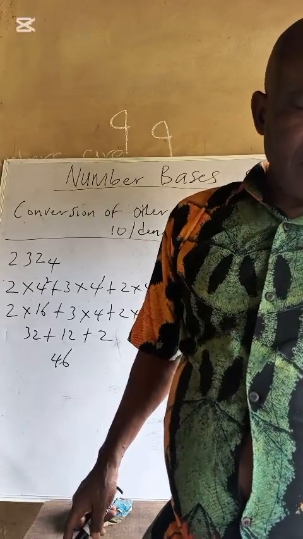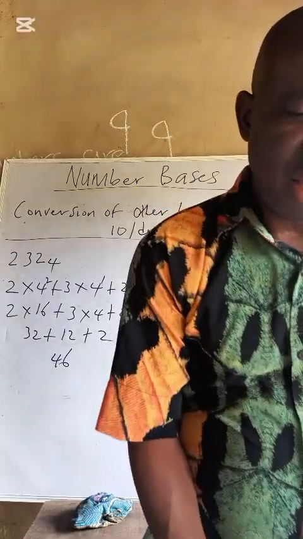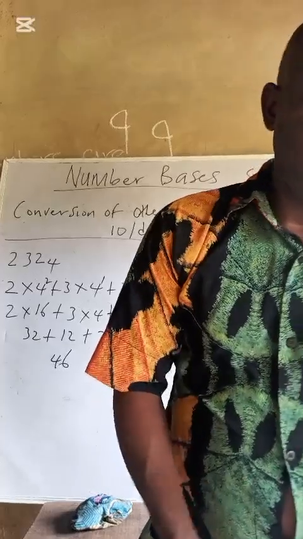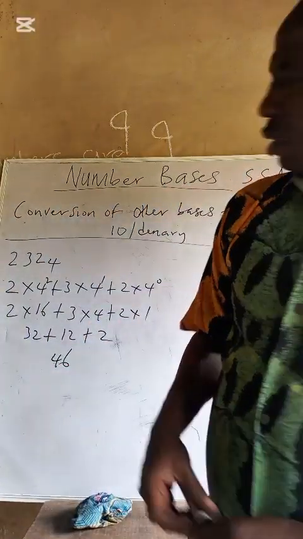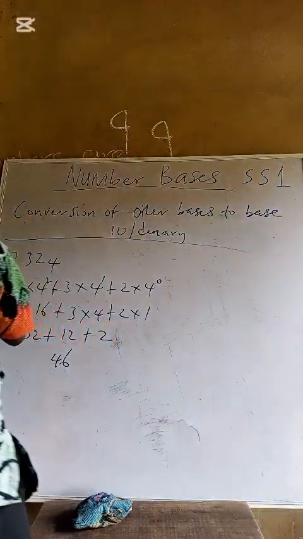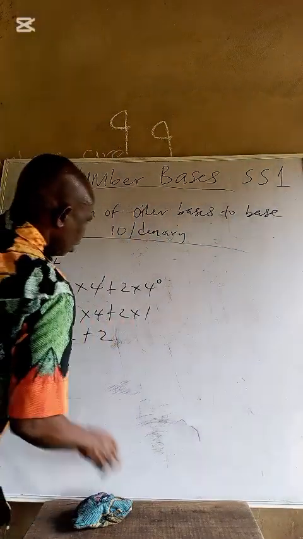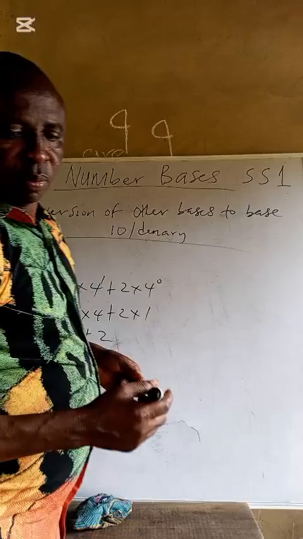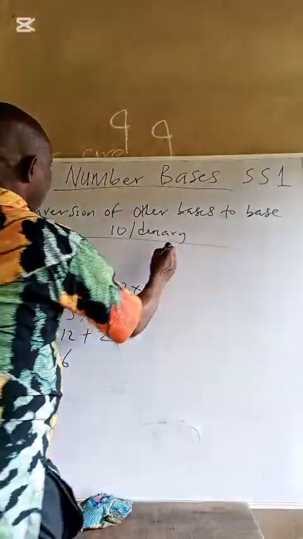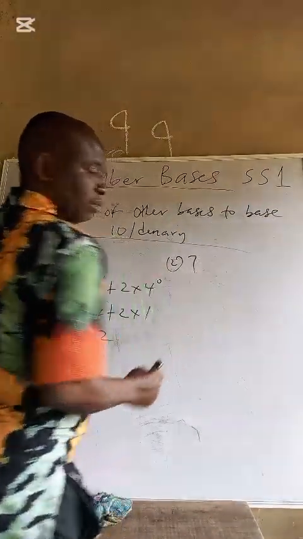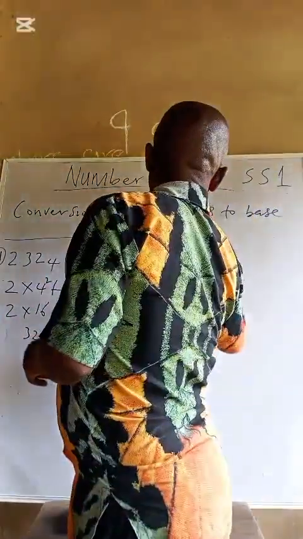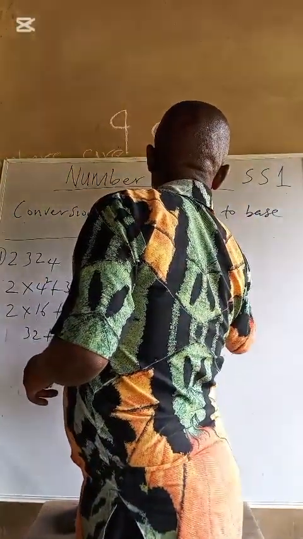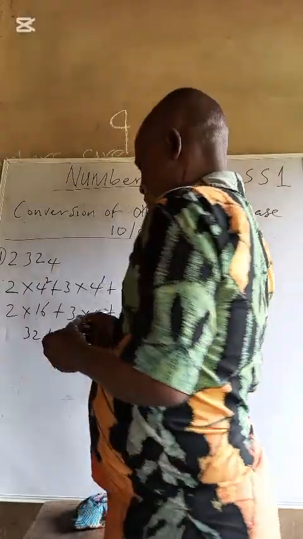Then let's use another one. Let's say we have 7B3A base 12.